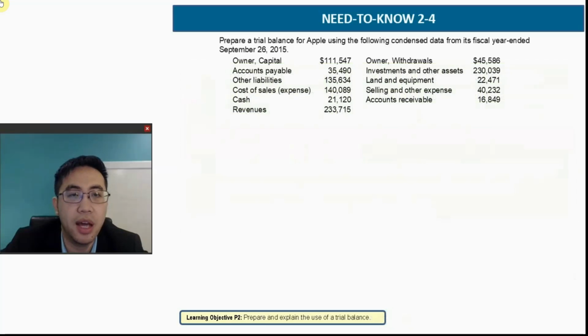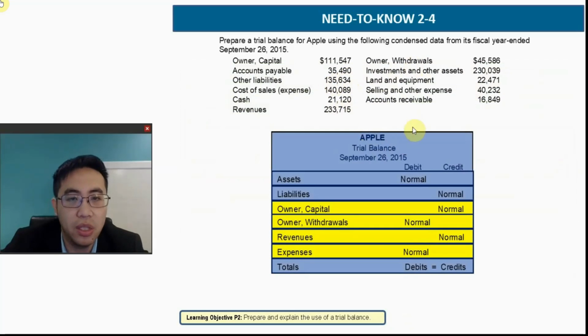Okay, so this is an example of Apple we did before. Right here, it shows Apple has different activities resulting in different account changes. So this is a trial balance you can follow. Basically, you need to sort your items into assets, liabilities, equity, owner's withdrawal, revenue, and expenses.